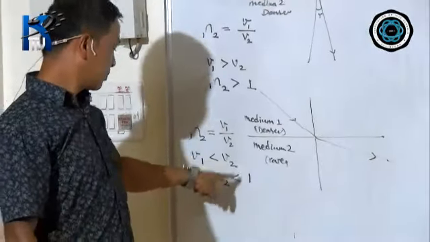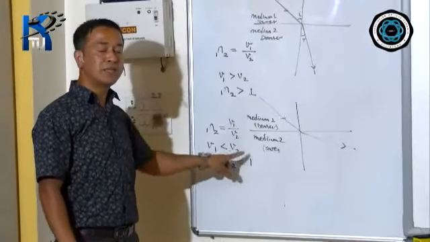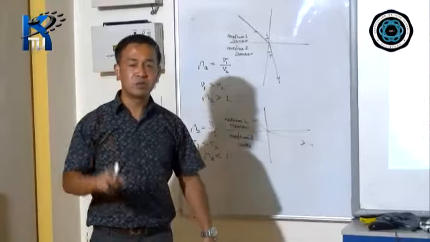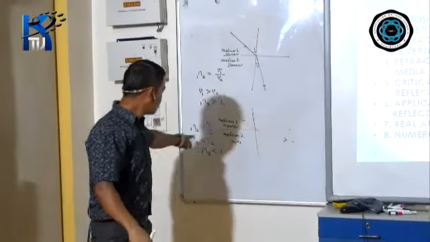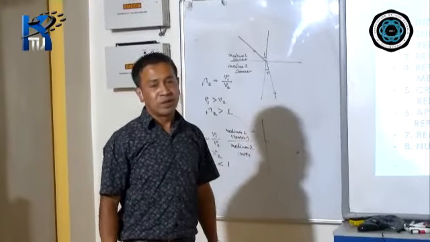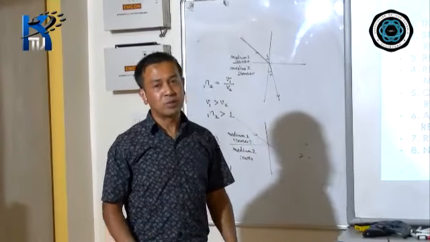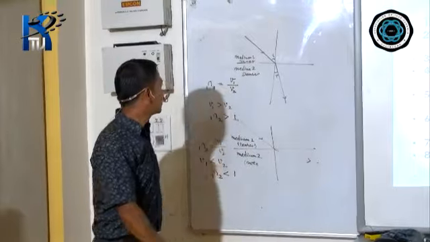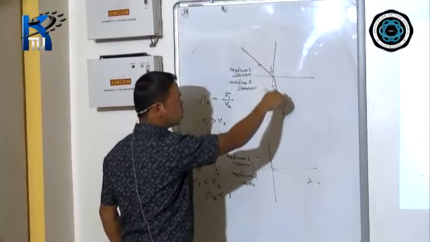Refractive index of 2 with respect to 1 will be less than 1 if light passes from denser medium to rarer medium. So this value of refractive index can even determine whether the light bends towards the normal or away from the normal. In this particular diagram, light is bending towards the normal.